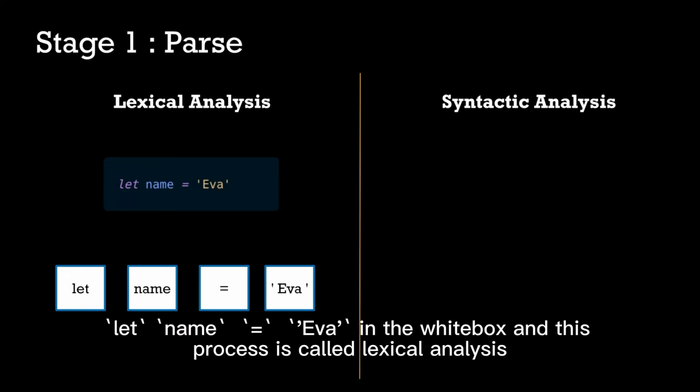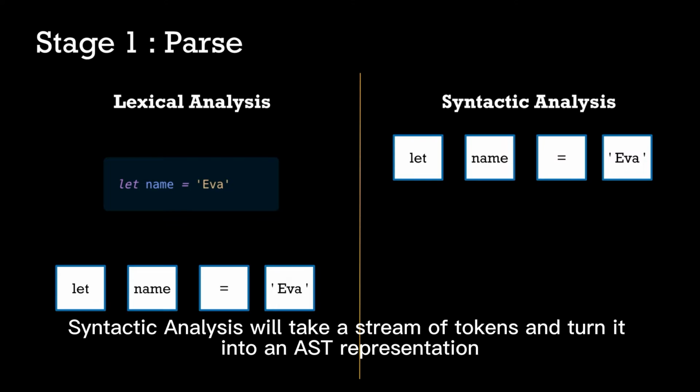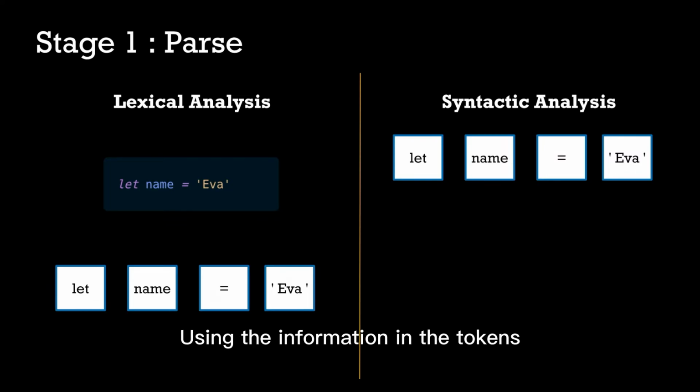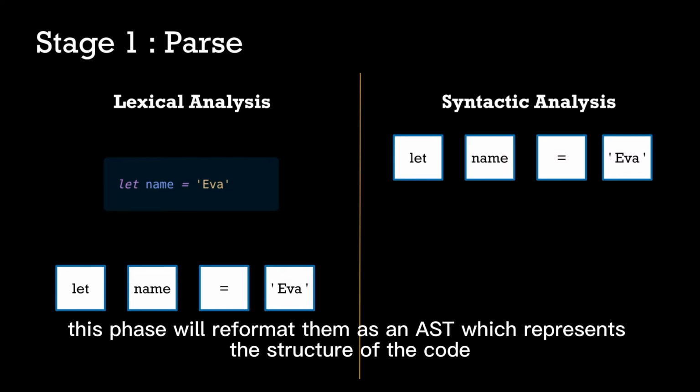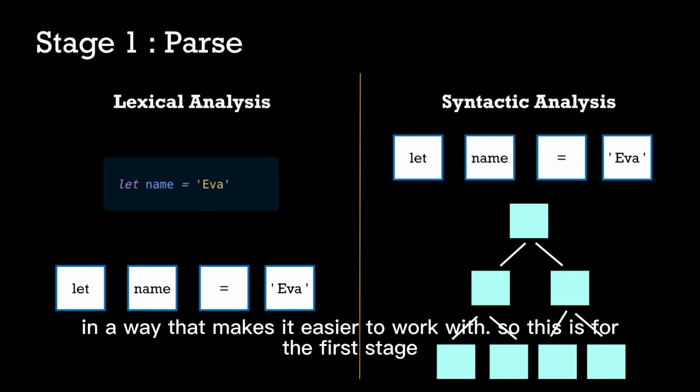And this process is called lexical analysis. Syntactic analysis will take a stream of tokens and turn it into an AST representation. Using the information in the tokens, this phase will reformat them into an AST, which represents the structure of the code in a way that makes it easier to work with.